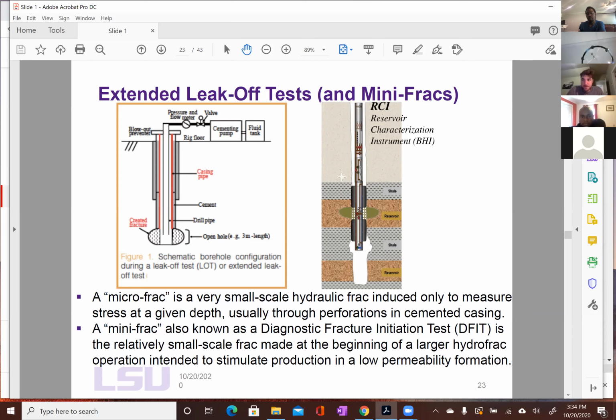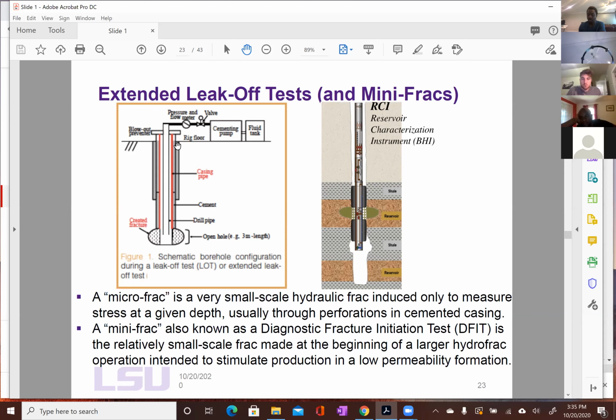And of all those terms, only two mean the same thing, which is mini-frac and DFIT, right? Micro-frac is different from mini-frac, as I explained here. Micro-frac and mini-frac are typically done through casing and cement, and they can be done at multiple different depths so that you can get S3 at different depths as you go down the well.